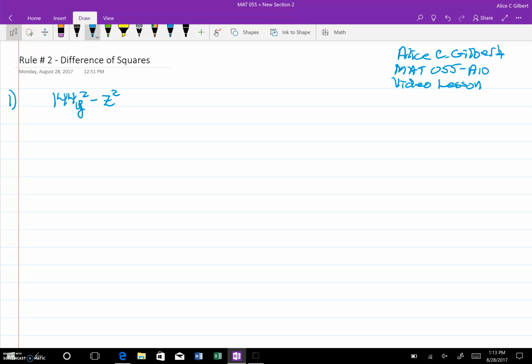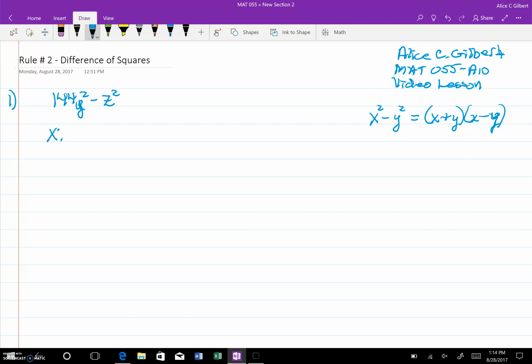So here's what we want to do. In a difference of squares, generically, it's x squared minus y squared. And that's the pattern, okay? And then the factored form is x plus y, x minus y.